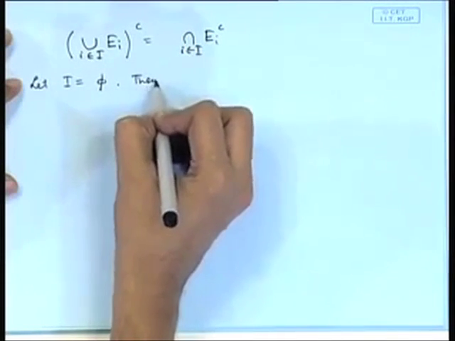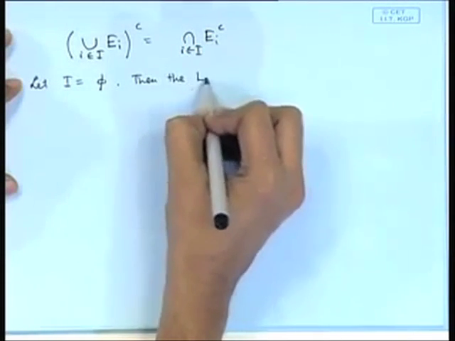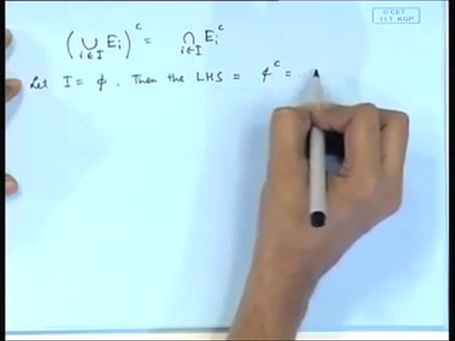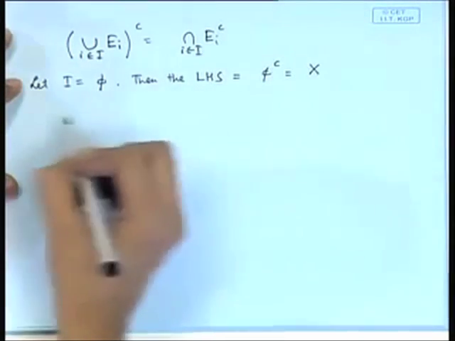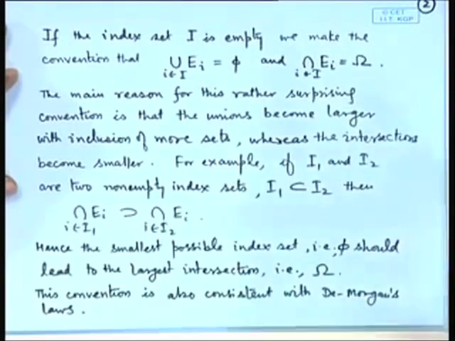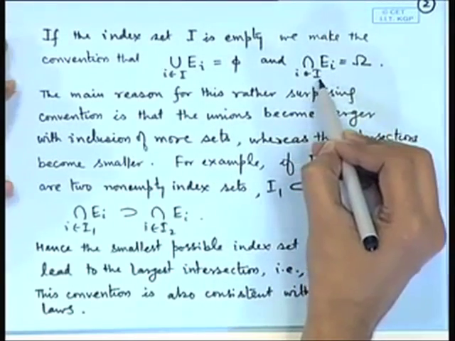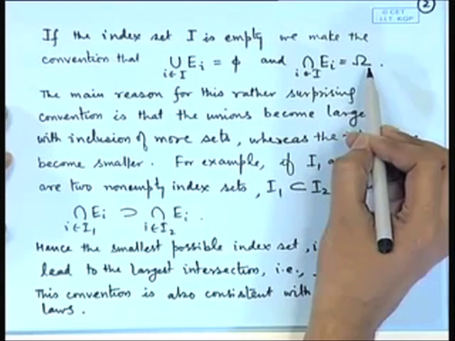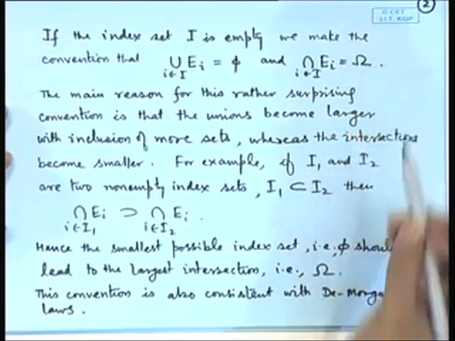Then the left hand side is phi complement, which is equal to omega. This indicates that we should take the intersection of E_i, when I is an empty index set, to be equal to the full space omega.